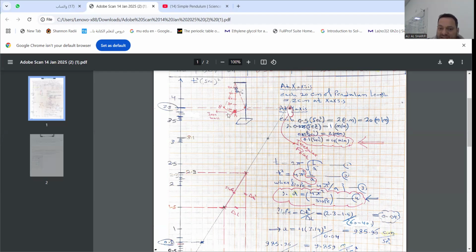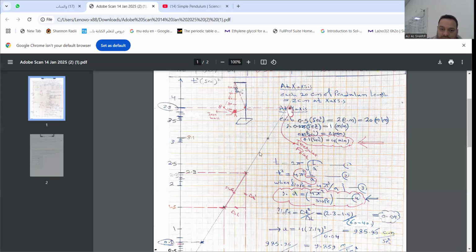When I displace it to B, reach B and leave it to go, from B it will go to C according to the same angle, 10 degrees from left and right, and come back to B. That means it's one oscillation. And the time necessary for this iron ball to go from B and come back to the same point is named the time period, small t, okay?